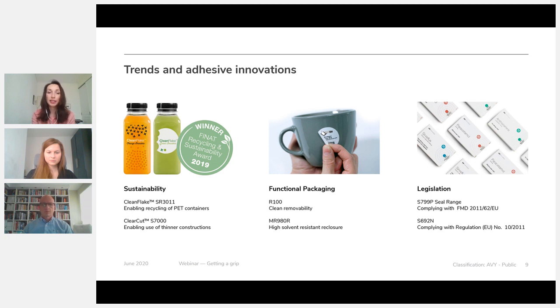If we look at sustainability, the two examples I wanted to highlight are, first, the clean flake adhesive, of course, the SR3011. That's an adhesive that we have developed specifically for the labeling of PET bottles and containers. Its key function is to enable clean removability from the PET bottle in the bottle-to-bottle recycling process.